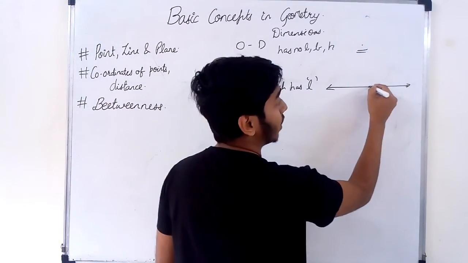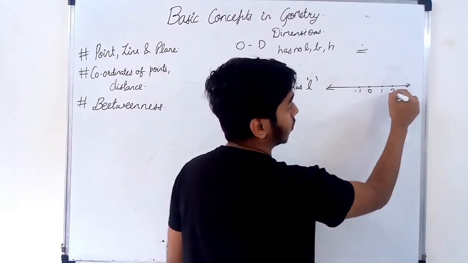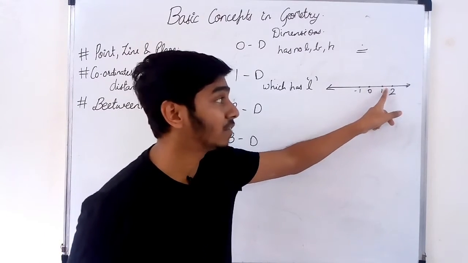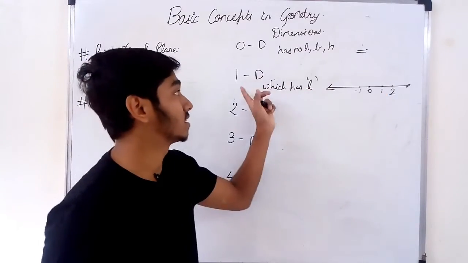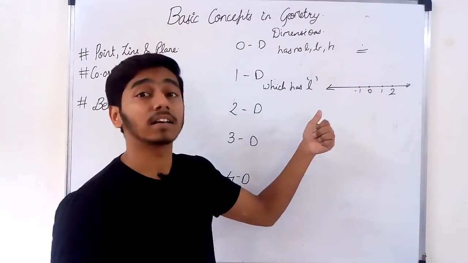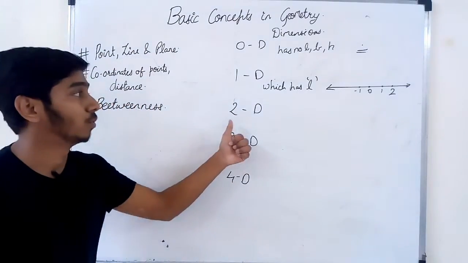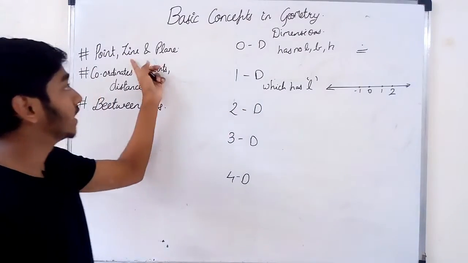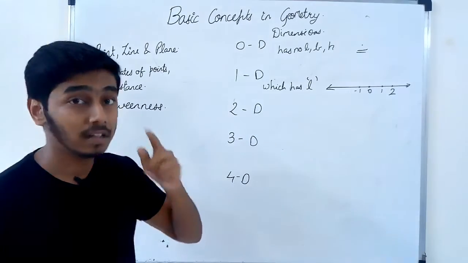For example, if I draw this as 0, -1, 1, 2, this is a number line. If I want to find the length at any point, I'll be able to find it. So this is what is called 1D or one dimension, which can just give you information about length. So that was about line. We can say it's a one-dimensional figure.